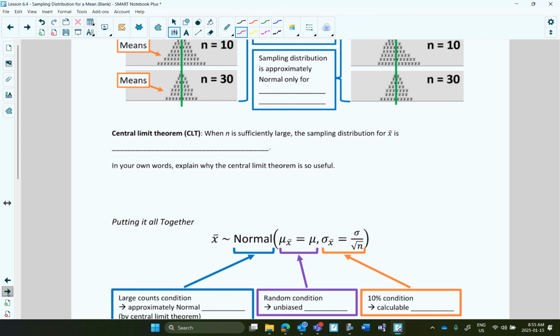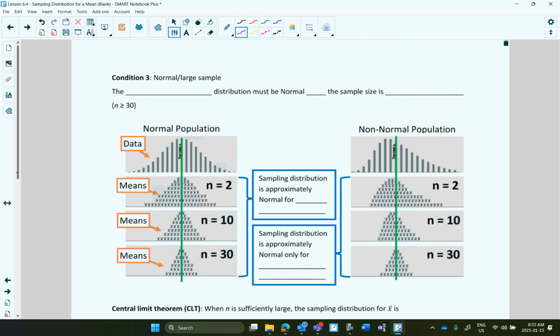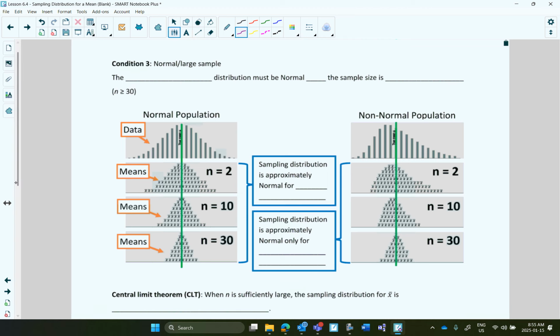Finally, the normal condition. That allows us to use normal CDF calculations. This is slightly different.